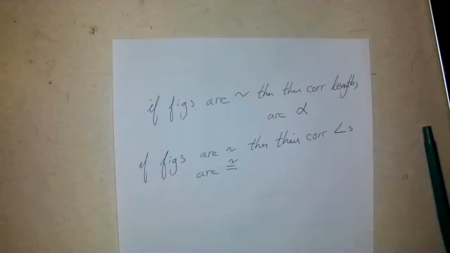This chapter is very similar to chapter 3, where we learned to prove that triangles were congruent and said once they were congruent, then all of their corresponding parts, whether those were sides or angles, were congruent. Now we say if figures are similar, then their corresponding lengths are proportional and their corresponding angles are congruent. We could write these into a single theorem that way if we wanted to, but I prefer to keep it like this for now. All right.